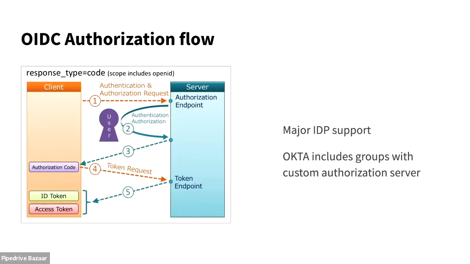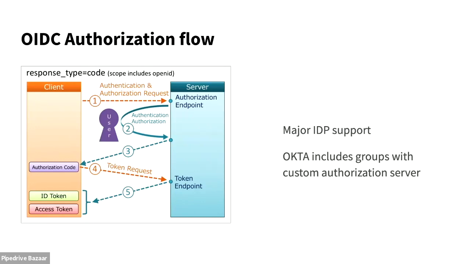If you use any OpenID Connect identity provider, then by default the authorization flow is supported. The user gets authenticated, you get an authorization code, which is very short-lived, and the authorization code is used to query the token endpoint for an identity token and access token.